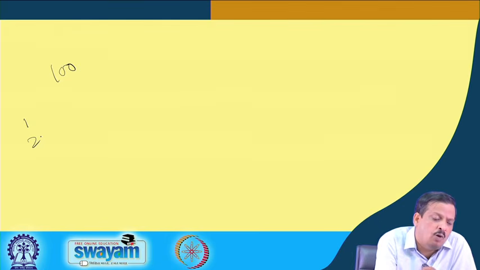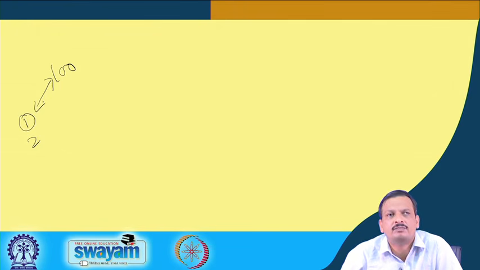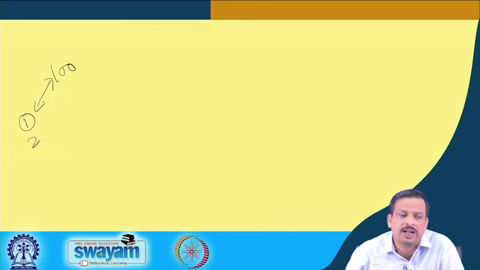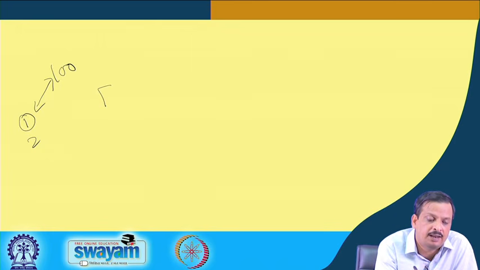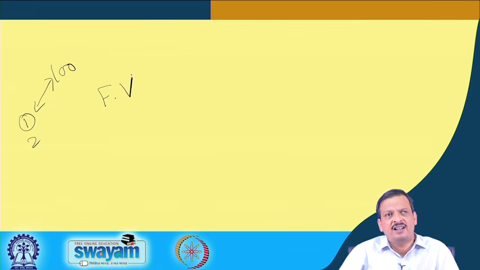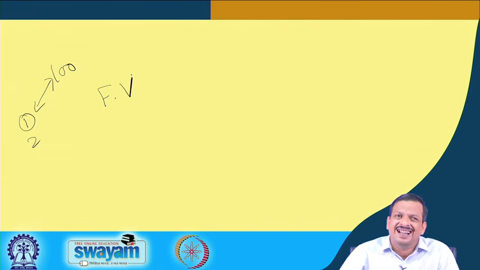For question number 1, all 100 students have given the correct answer. Then what is the easiness of that question? That easiness is called the facilitation value, FV, or how easy that question or test item is.